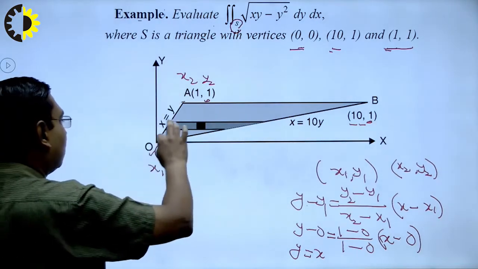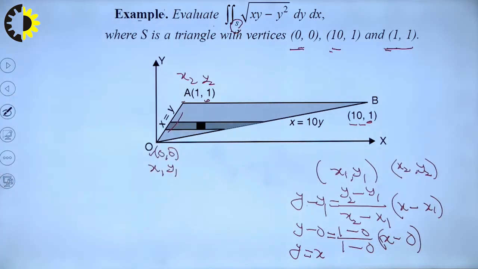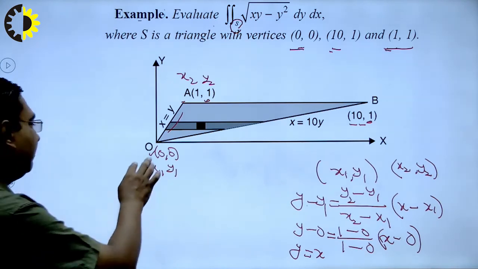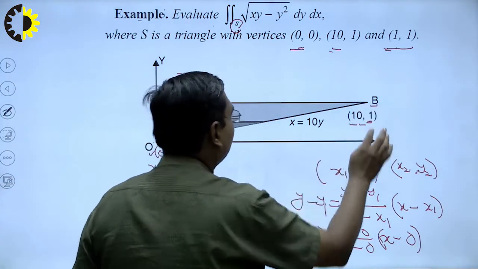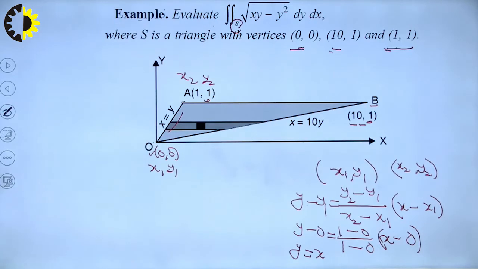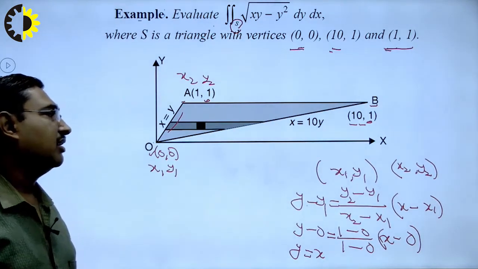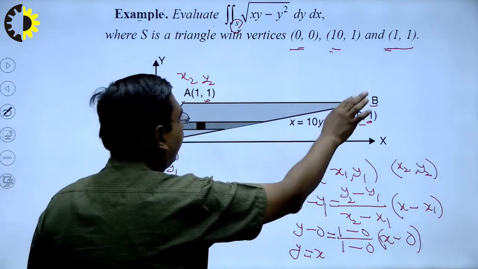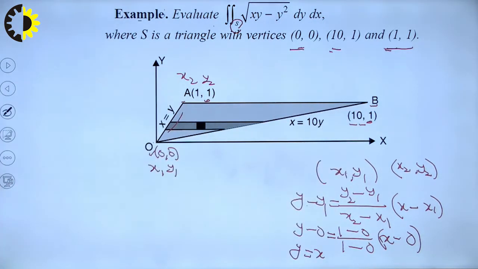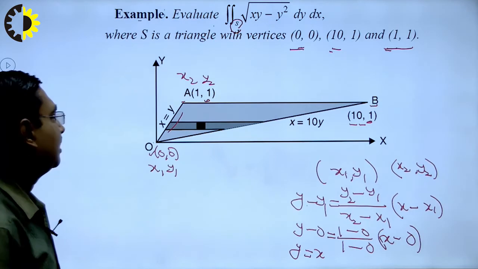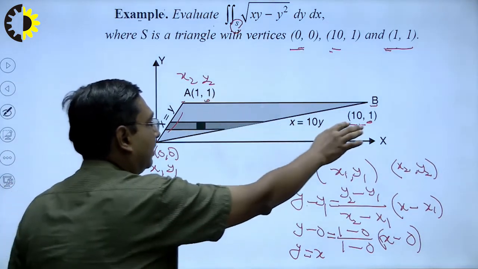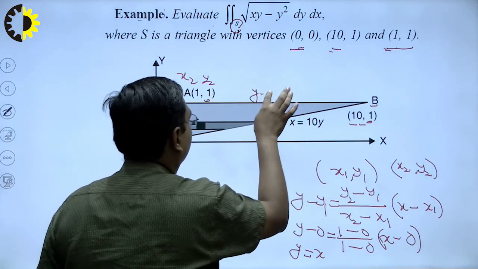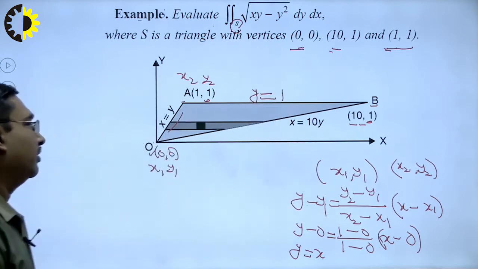So the equation of this line is x equal to y. Similarly, when we find the equation of the line joining O and B, its equation will be x equal to 10y. This line AB is a line parallel to the x axis. It is passing through (1, 1), and its equation will be y equal to 1.